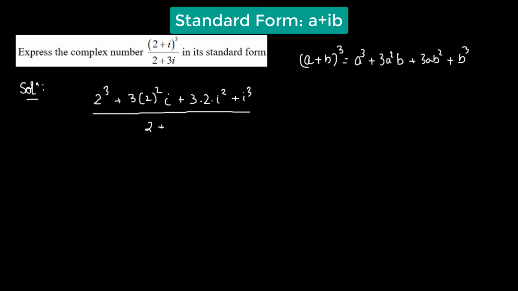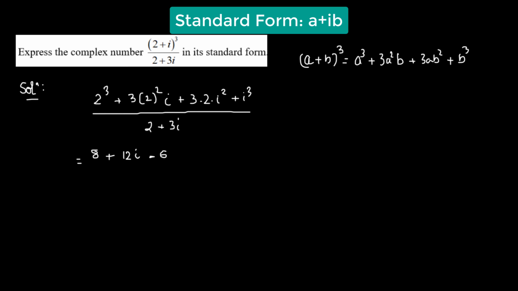2 plus 3i. So we have 2 cubed gives us 8, plus 3 times 2 squared, which is 4. So 3 times 4 is 12, 12i. 3 times 2 is 6, and then we have i squared, which is negative 1, so we'll have negative 6.